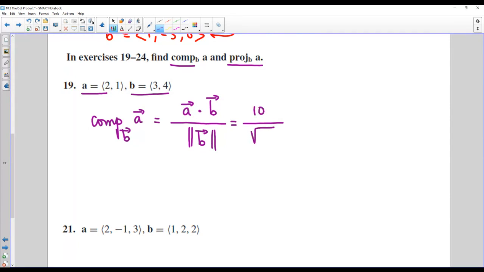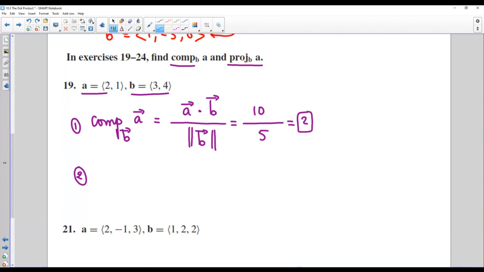And the magnitude of B is the square root of, the magnitude of B is 5, yeah? 5, yes. So there is no square root actually. So the whole thing is equal to 2. Great. So that is the component, which is a number, you may remember.